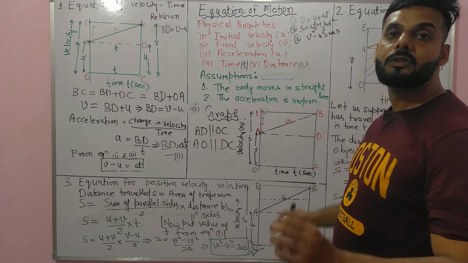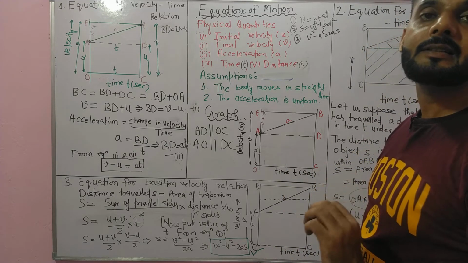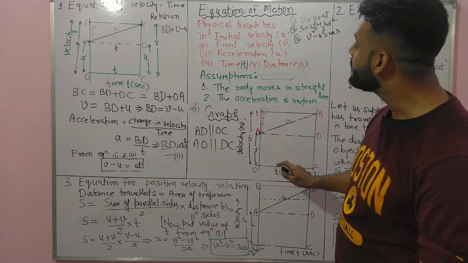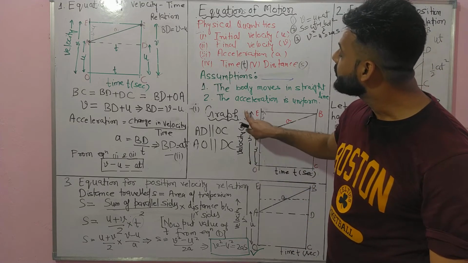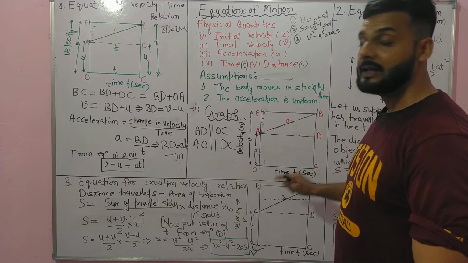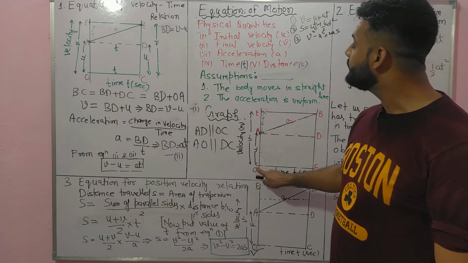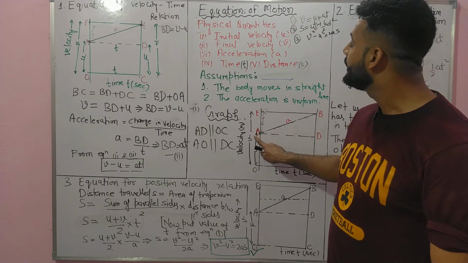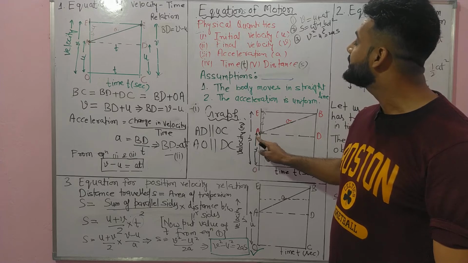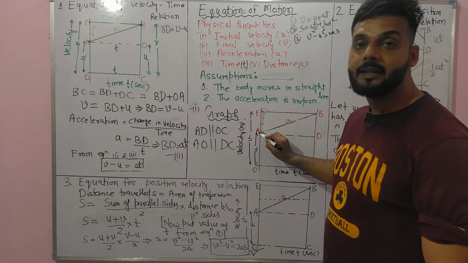Now the particle is not at rest. The particle has some initial velocity. Suppose we are taking the velocity on y-axis and the time on the x-axis. So at time 0, the particle has its initial velocity u at point A.